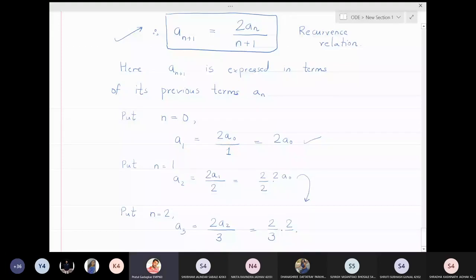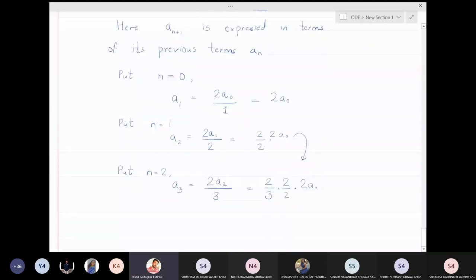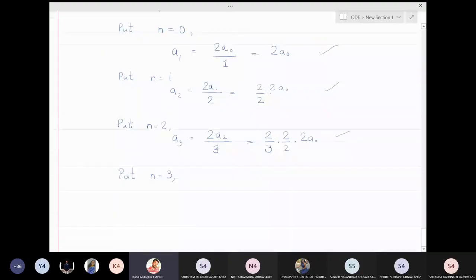Okay, observe these terms. What I want to teach you is that since I've not cancelled, can I write the general form, can I now, without doing anything, tell what will happen if I put n equal to 3? Look at this observation. If it is a_3, here it is 3, 2, and then there is a 1. If it is a_2, there is 2 and there is a 1.